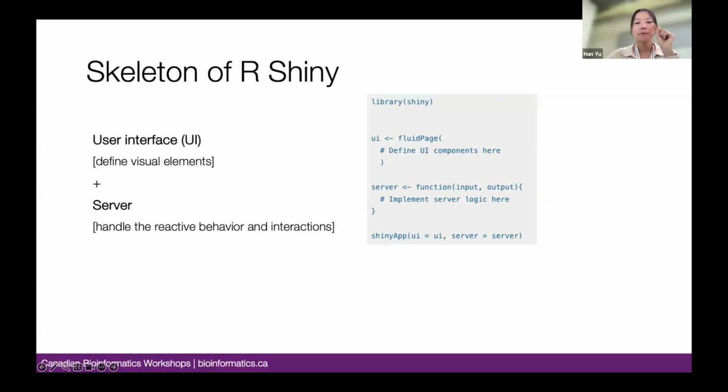For example, the UI will define what the user sees, including the input controls, the plots, the tables, while the server processes the inputs and updates the outputs dynamically. So the code to generate a simple R Shiny app consists of 3 components: the UI object and a server function, and lastly, a call to the shinyApp function to connect these 2 parts.